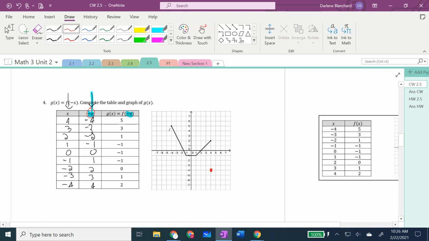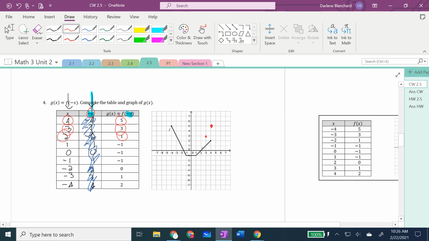Oops, you know what I didn't do? I didn't cross out my middle column so that I would not look at it. I always have to cross out my middle column. Try again. 4, +5. +3, +3.